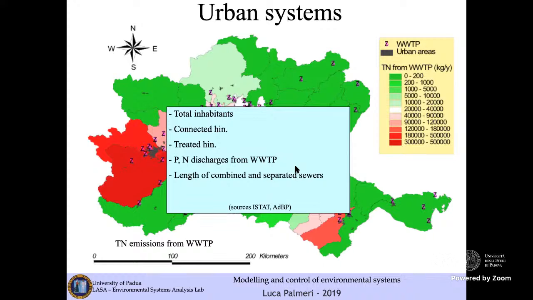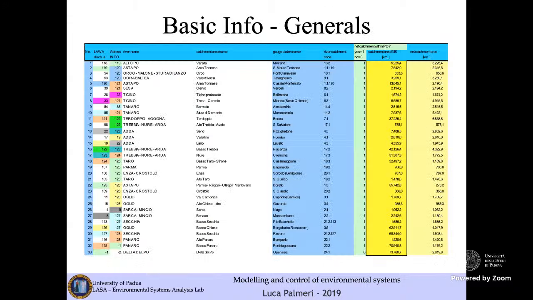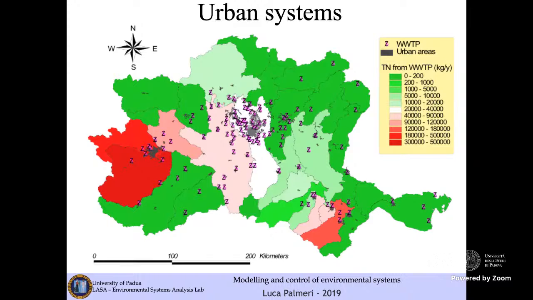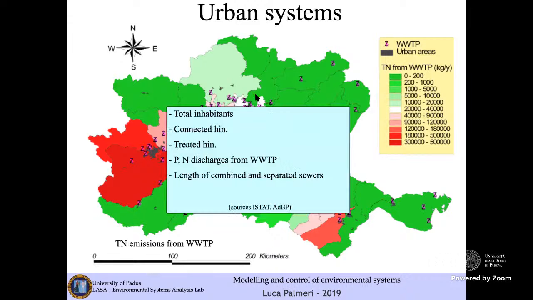So for each sub-basin, we gathered all this information, and we sum it and obtain a figure for each sub-basin, and these figures go into the input information, urban systems.